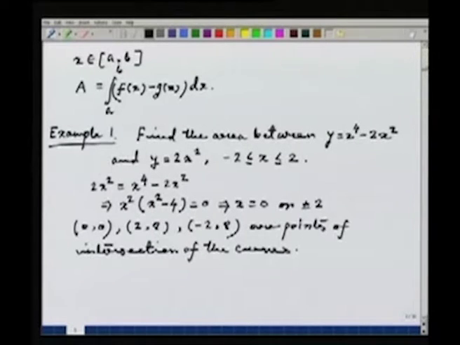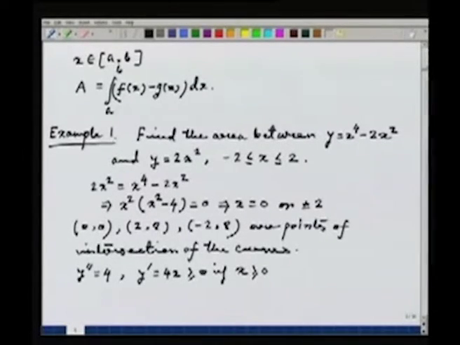Now, I look at the curve y equals 2x square. What kind of a curve is that? How does it look like? First of all, if I look at y double prime, that is 4, that means the curve is always convex, and y prime, that is 4x, which is bigger than or equal to 0 if x is bigger than or equal to 0.